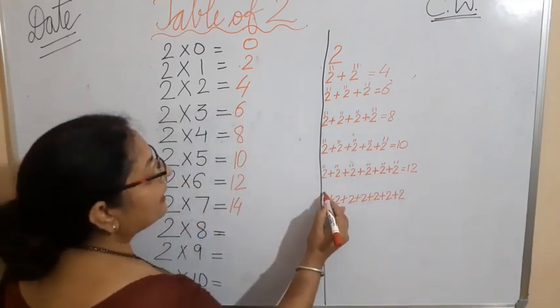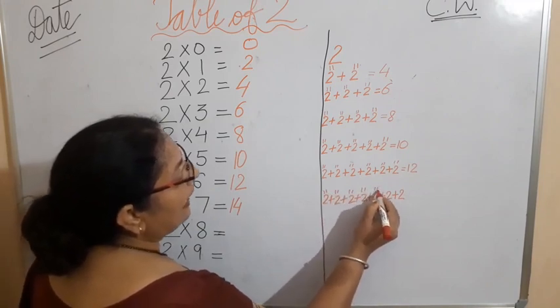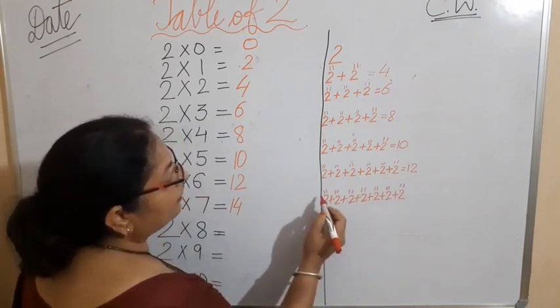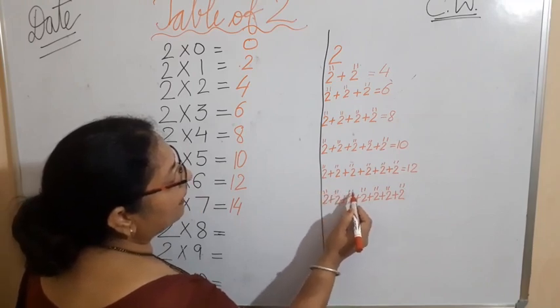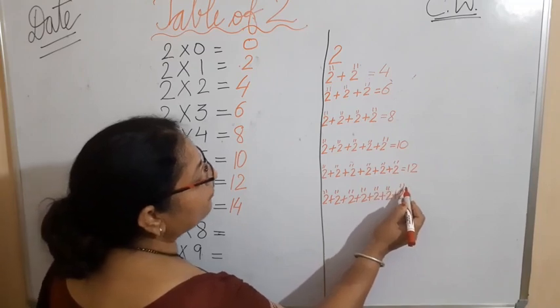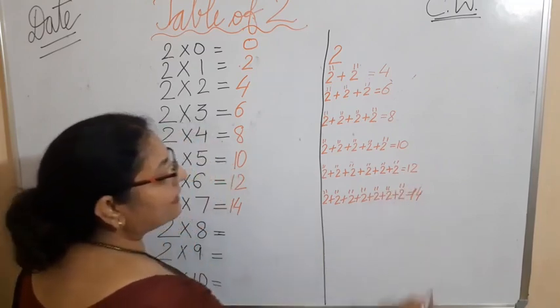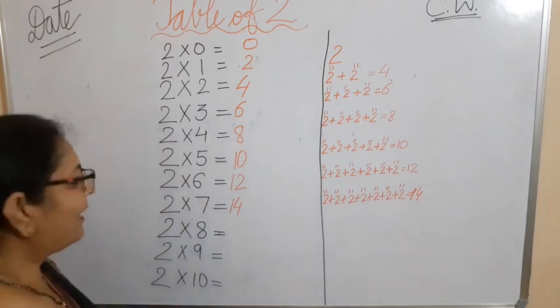Okay, students, put the lines and count all together. Very good. 1, 2, 3, 4, 5, 6, 7, 8, 9, 10, 11, 12, 13, 14. And your answer is 14. Is it clear, students? Okay.